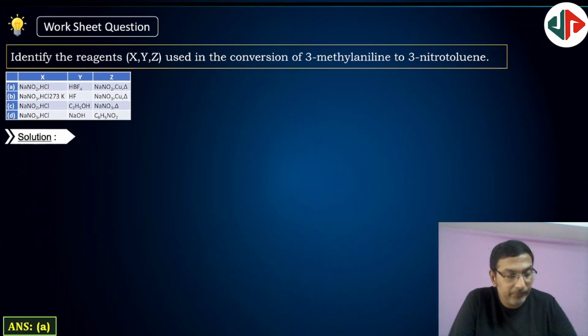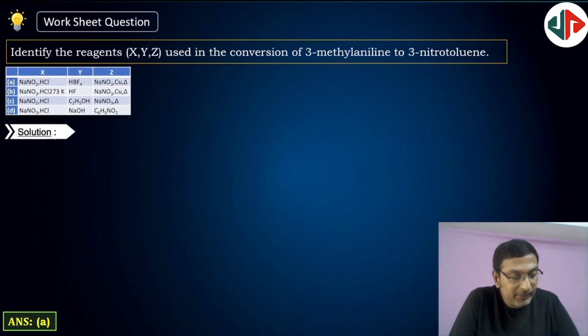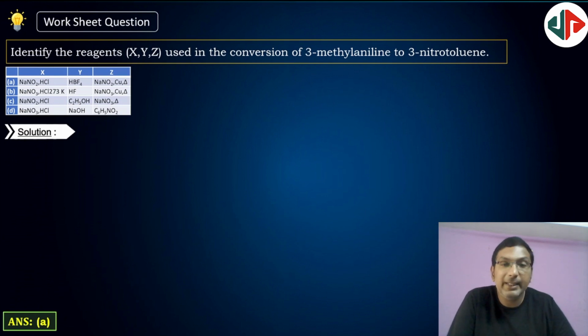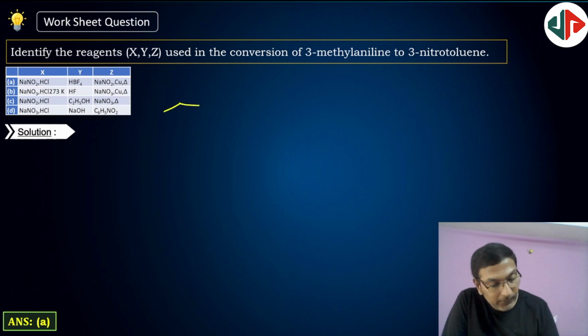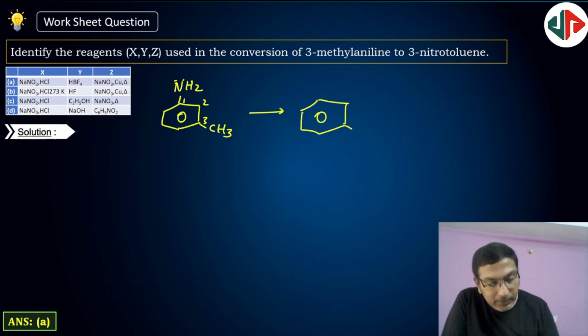Next, this is also a simple question. Identify X, Y, Z used in conversion of 3-methyl aniline to 3-nitrotoluene. So 3-methyl aniline, aniline NH2, 3-methyl, 1, 2, 3, to 3-nitrotoluene.